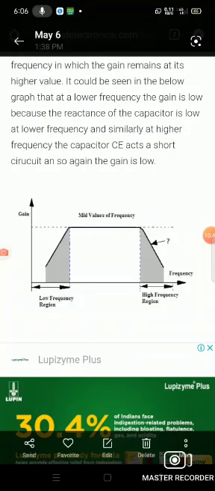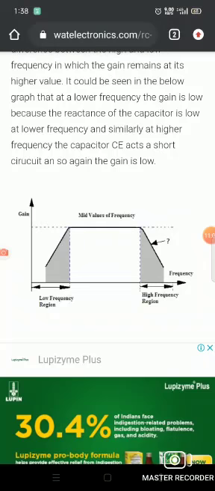So the RC combination filter in the high frequency region is a low pass RC network, which allows only lower frequencies. So at the lower frequency we get a good output response compared with the higher frequencies. So here consider an RC coupled single stage CE amplifier, right?